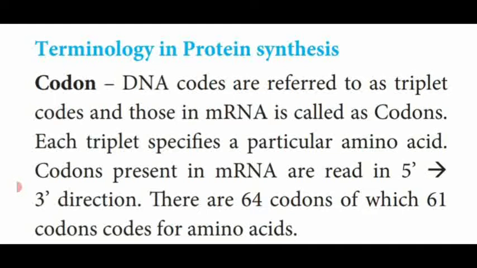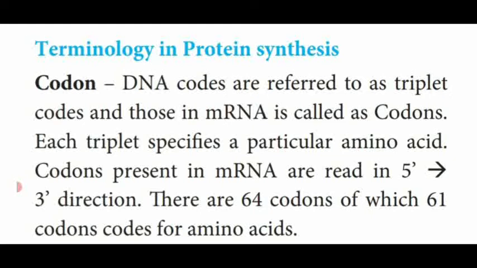DNA codes are referred to as triplet codes and those in mRNA are called codons. So simply you can write it: DNA codes are in the form of triplet codes, and on the mRNA strand they are known as codons. Okay. Each triplet of nitrogenous bases specifies one amino acid.